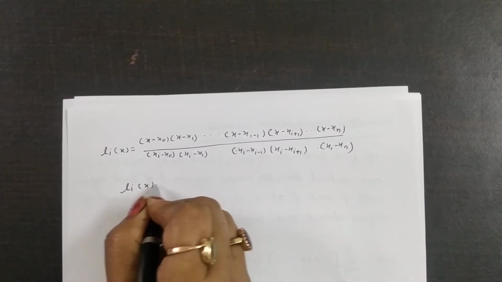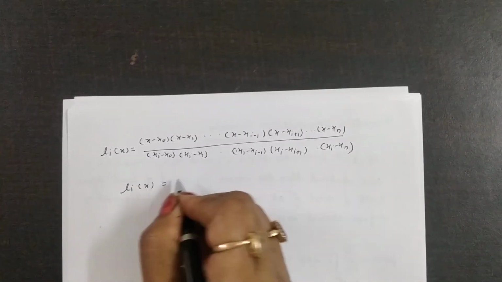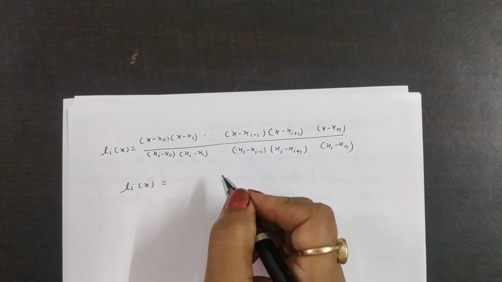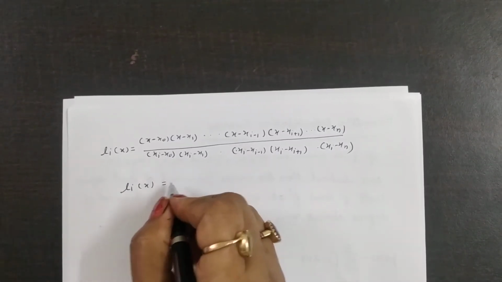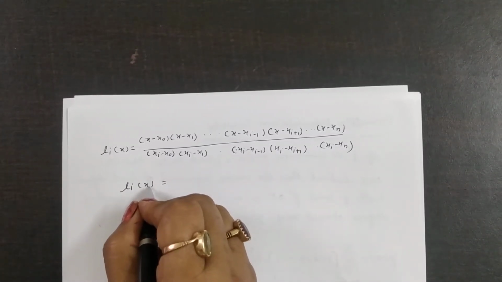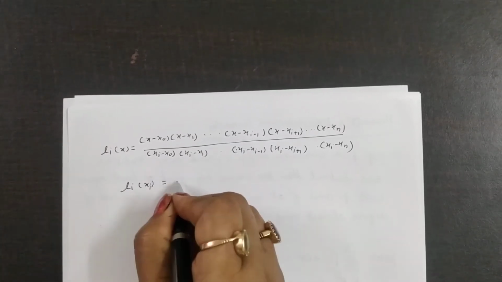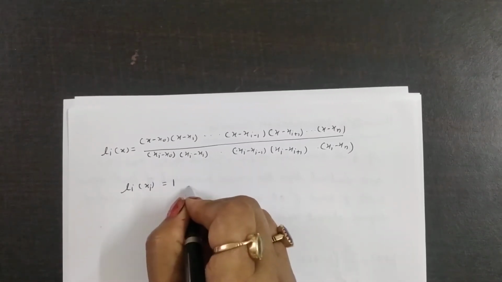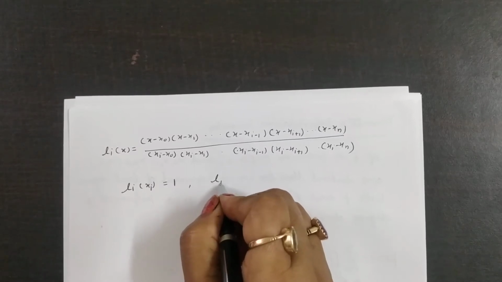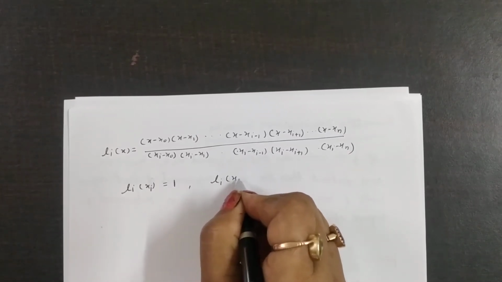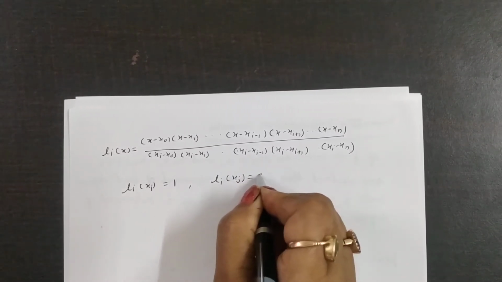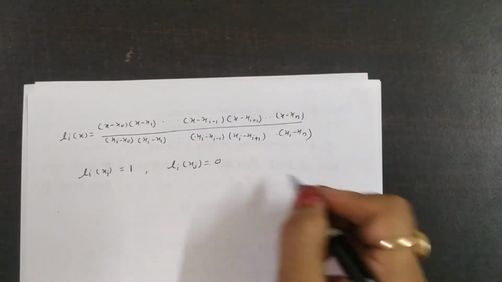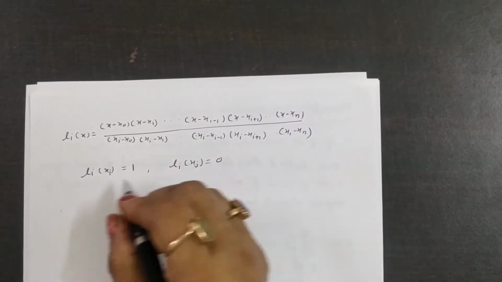By using this formula, let me write it in this form. For the derivative term, the value of Li(xi) is equal to 1, and similarly Li(xj) is equal to 0. You can easily evaluate this.